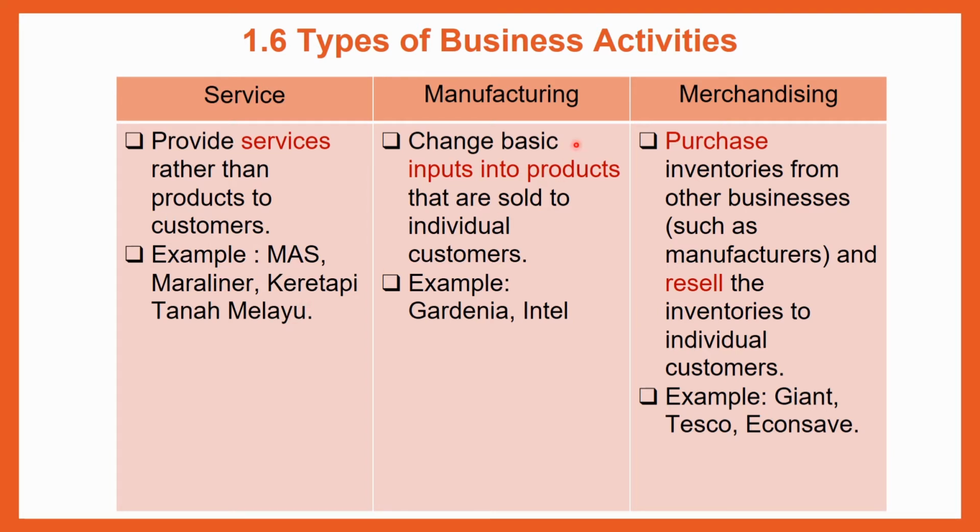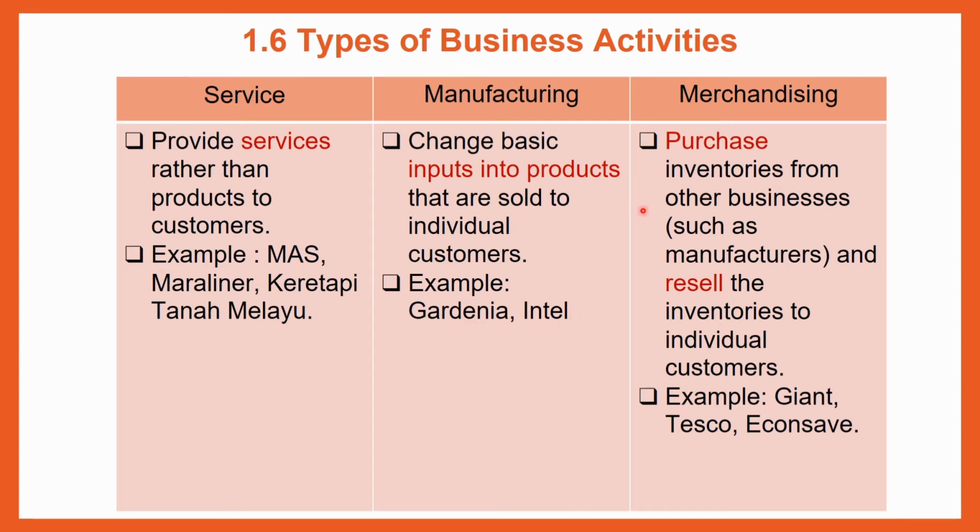And for manufacturing, they change basic input into finished product, or from raw material into finished product that is sold to individual customers. For example, Gardenia, Intel.